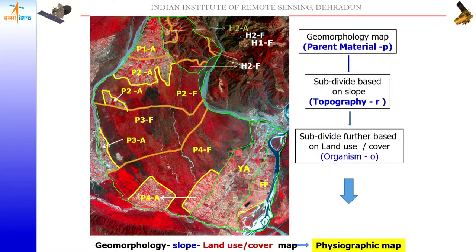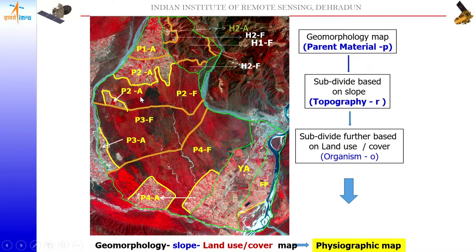Third level, now I will study the land use land cover within that physiographic unit. If you see, this was the P2 or Piedmont 2 unit, and in this is the forest area and this is the agriculture area. So I have separated the agriculture and the rest is forest.